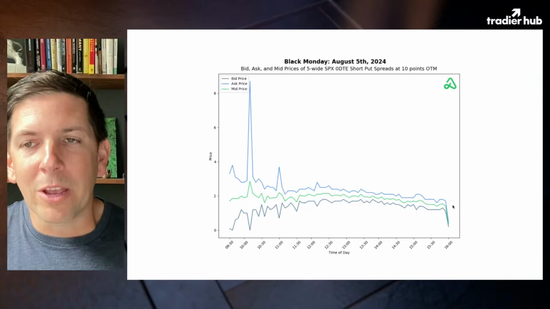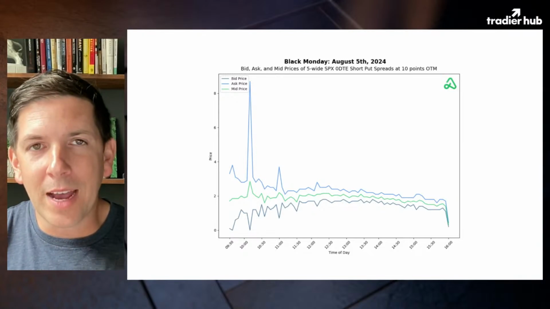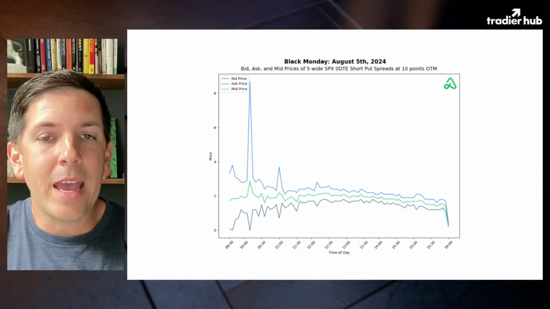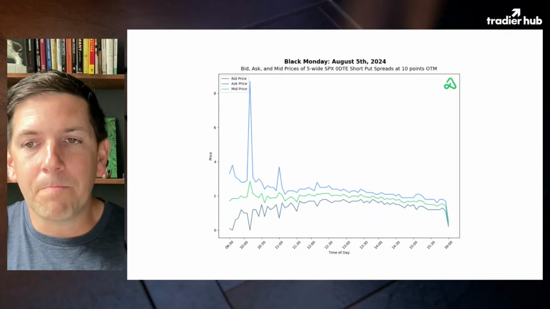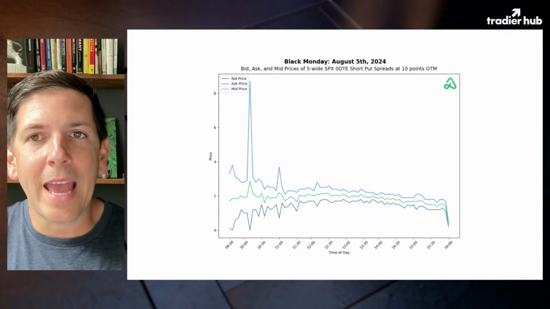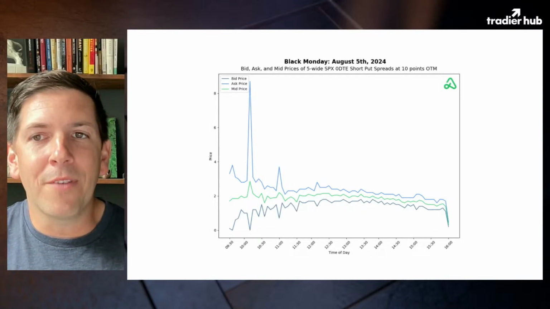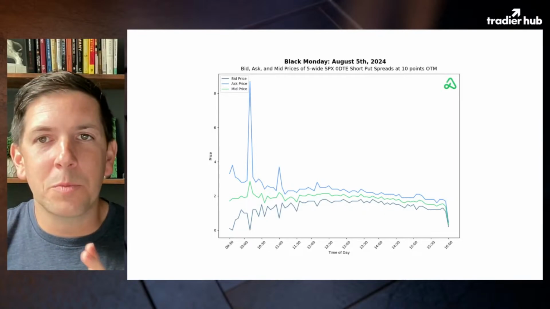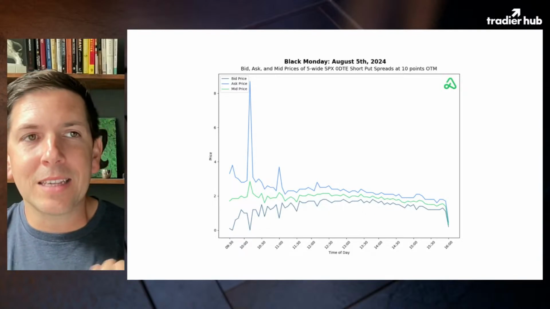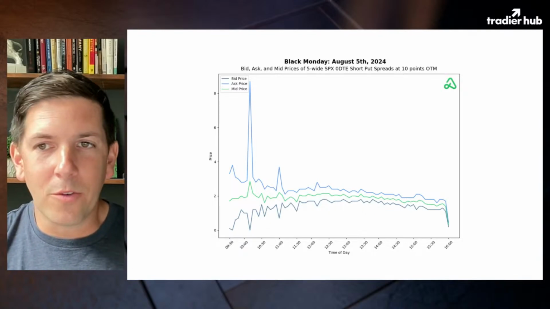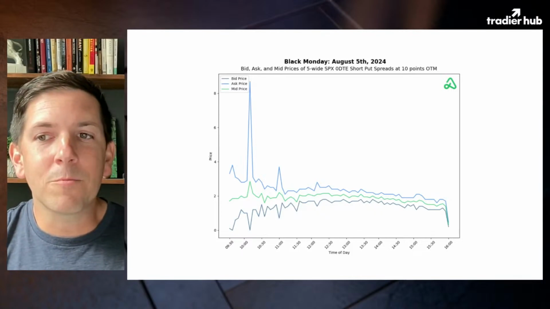I think what's noticeable about this, even though it was just one particular day, is that when you have a high volatility day, you're going to have a lot of volatility in spreads early in the day. That was pretty evident. But B, it's going to behave more like an at the money position. So even though this position was out of the money, it still behaved as if it was at the money, for all intents and purposes, compared to what we looked at in our research, because we have a lot of volatility.